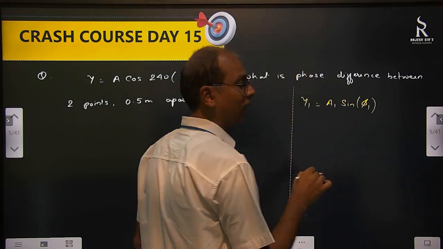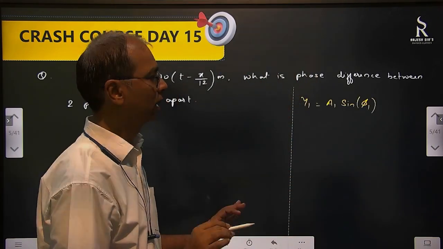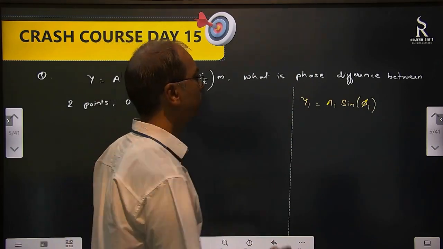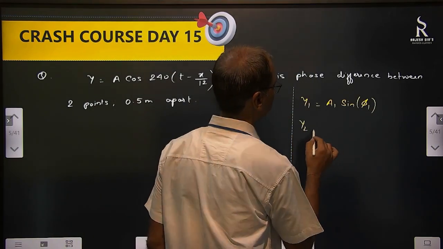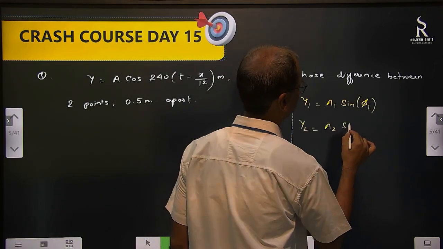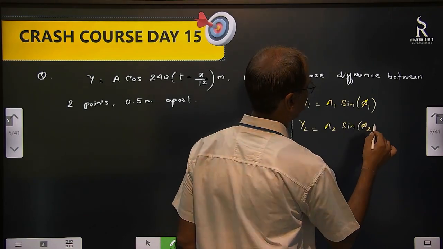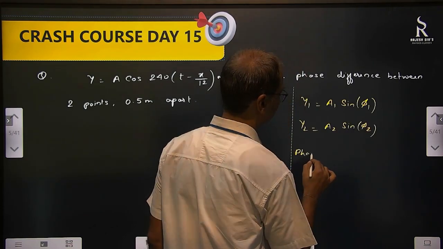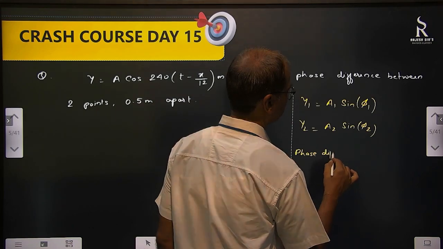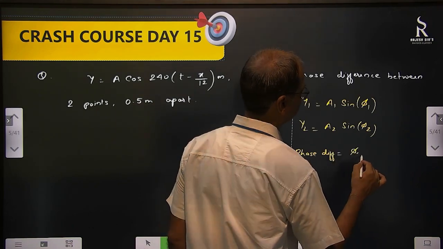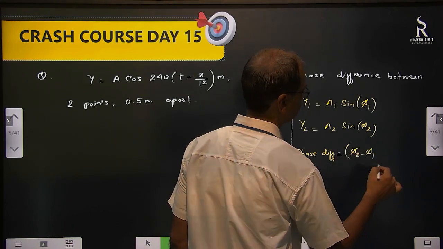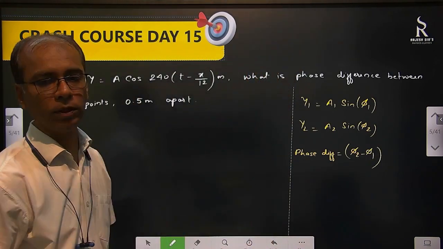What is this? kx minus omega t plus phi, or kx plus omega t plus something. And y2 is equal to something like A2 sin phi 2. Then the phase difference is phi 2 minus phi 1. That is called the phase difference between two waves.